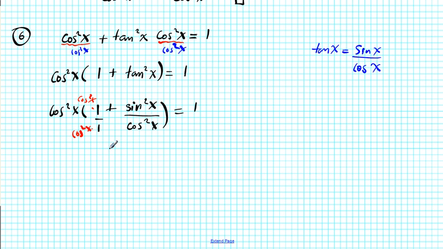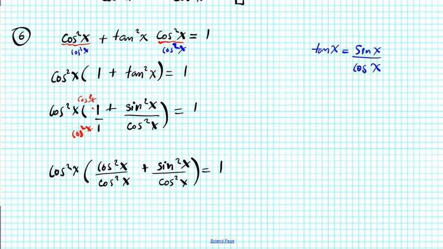That's the top, okay? On the outside, cosine square x stays undisturbed. Inside, we're going to have cosine square x over cosine square x plus sine square x over cosine square x. Voila! Denominators are the same.